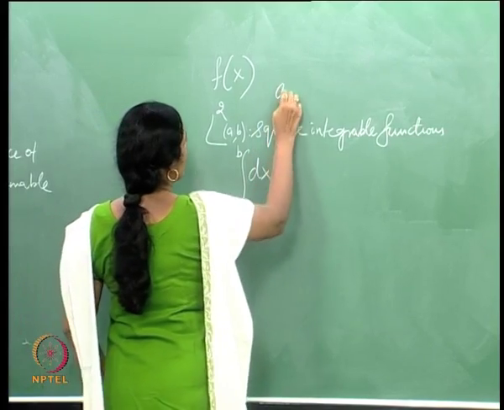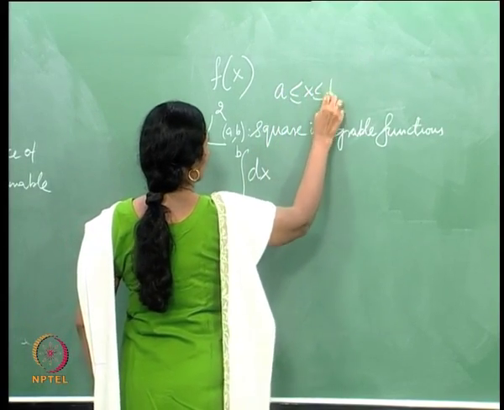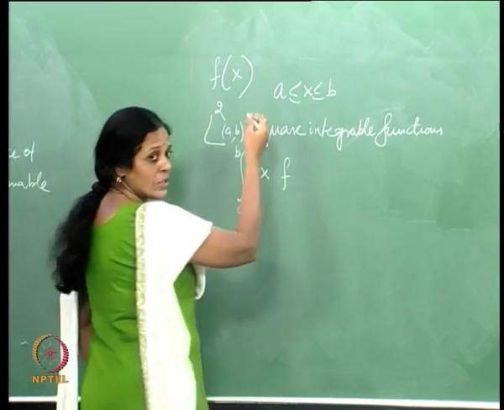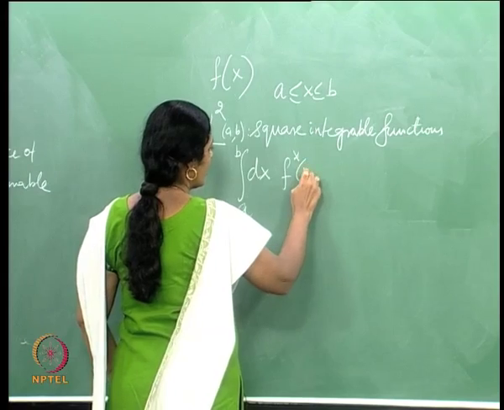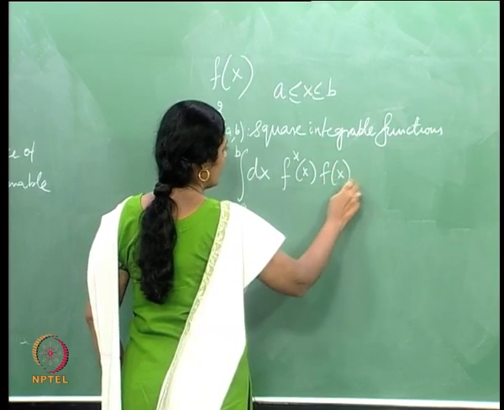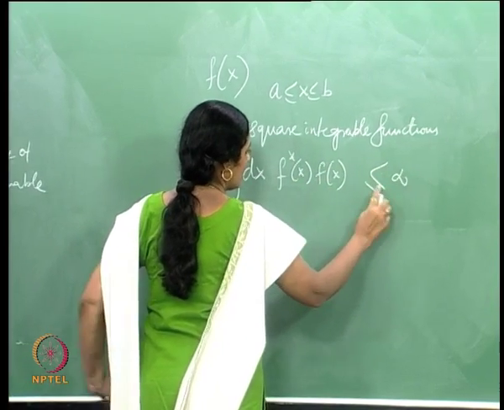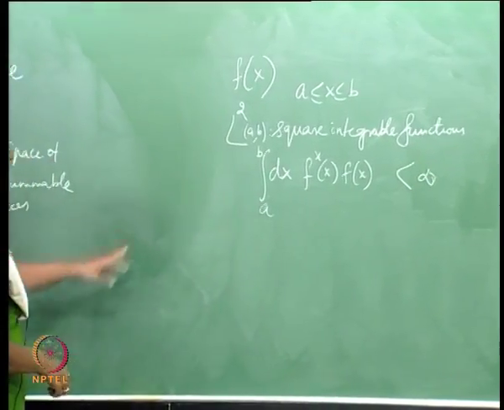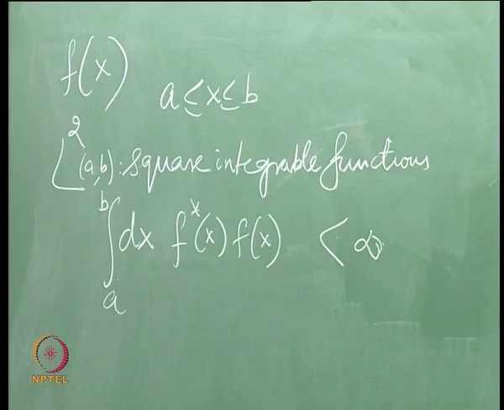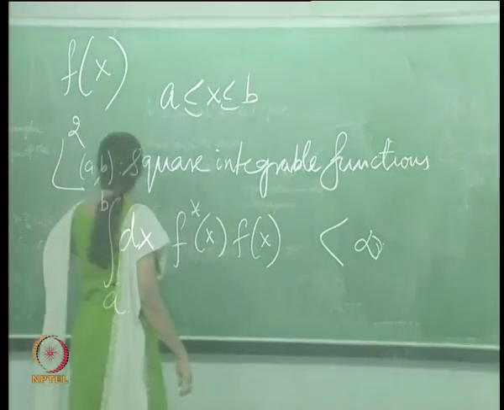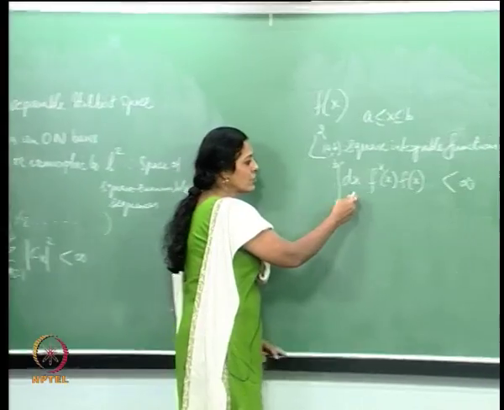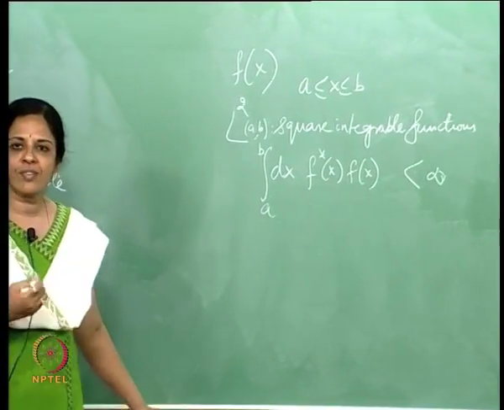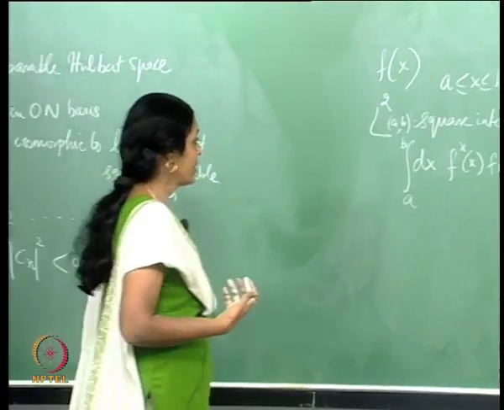That means x takes values, the argument takes values between A and B. F's could in general be complex. It is less than infinity. So this is simply a direct extrapolation of the concept of square summability. Here I have square integrability. It is clear that now we are talking about continuous functions of an argument x.